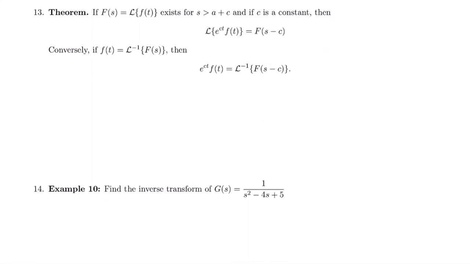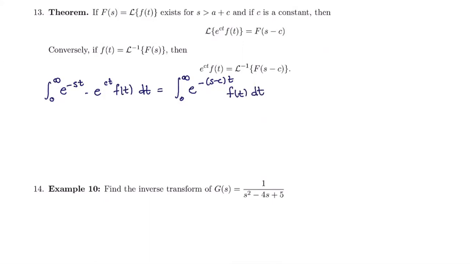So we can prove this theorem by looking at the integral from 0 to infinity of e to the minus st times e to the ct f of t dt. What we end up with is the integral from 0 to infinity of e to the minus (s minus c)t f of t dt.